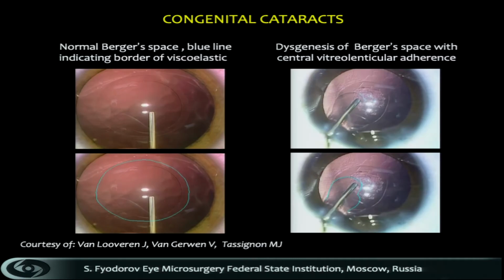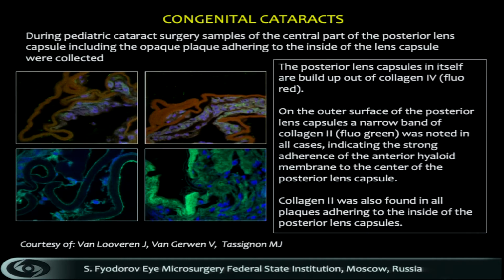And it was shown that there is a complex relationship, and there is a dysgenesis of the Berger space in patients having congenital cataracts, which was later proved by immunohistochemical evaluation, studying the interrelationship of these structures.